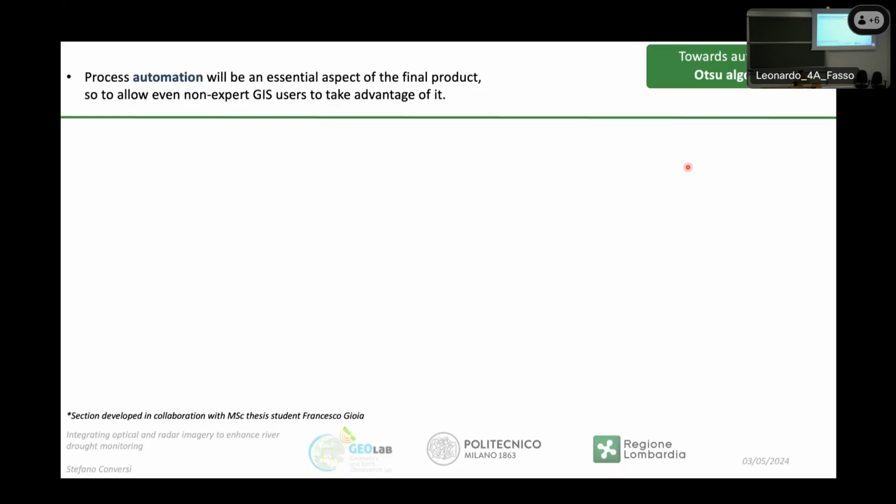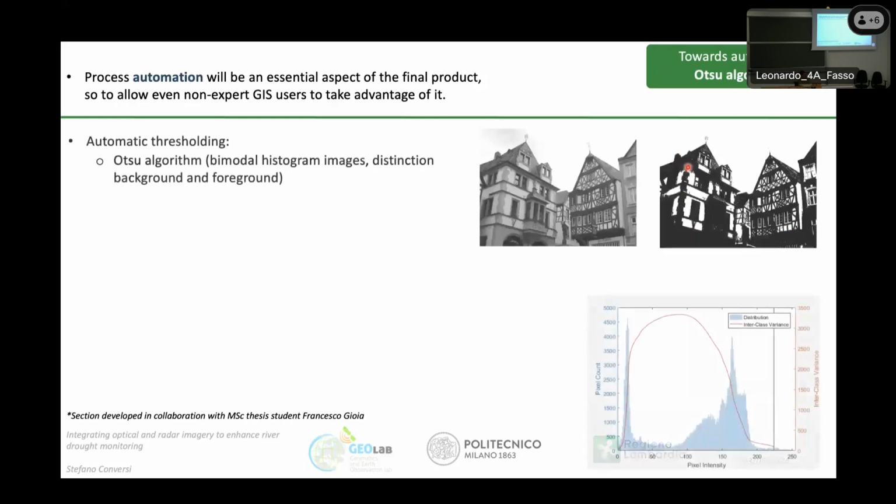So we did this automatization process, actually we performed it with some ideas that we have. First of all, the automatic thresholding, because as I said before, we can try to understand the values that divide one class of pixels from the other, and this is usually made by imposing on the system a certain threshold that should be defined, for example, in literature or with specific analysis on the image.